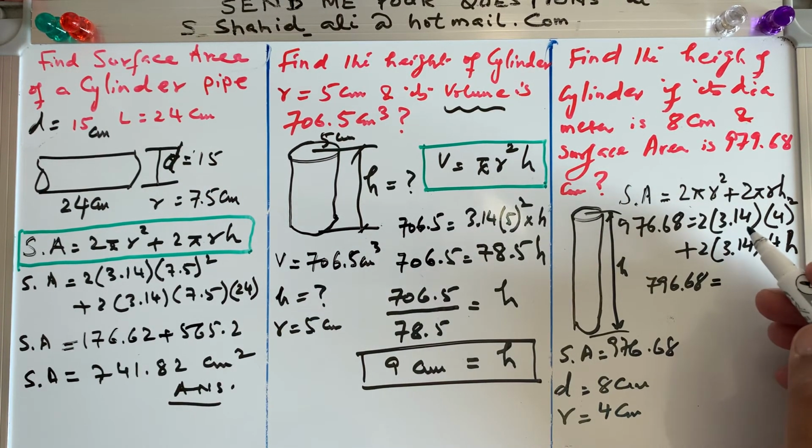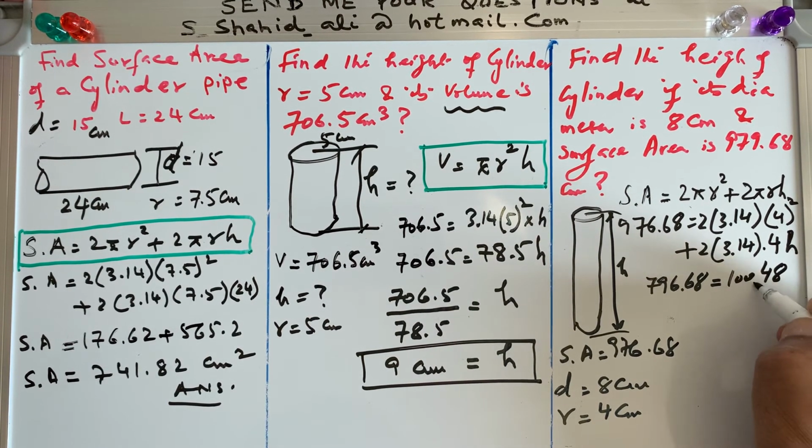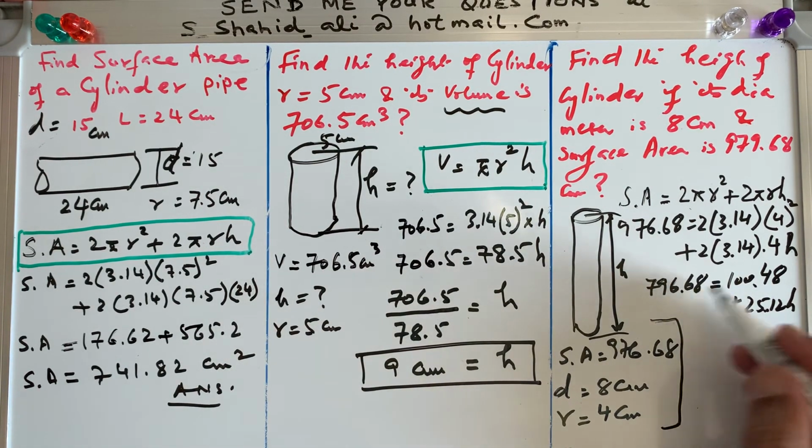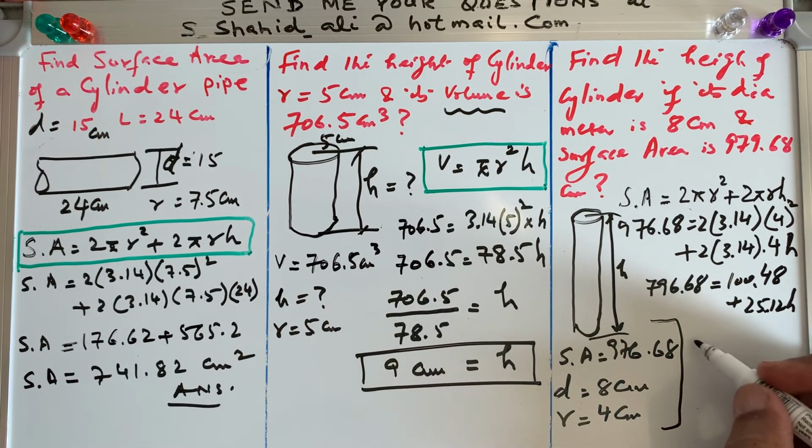is 32, 32 times 3.14 is 100.48, plus, if you multiply 2 times 3.14 times 4, that becomes 25.12 h. Now I can shift this 100.48 to the other side of the equation.